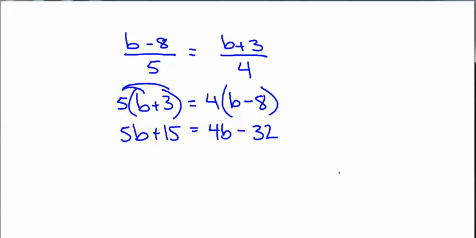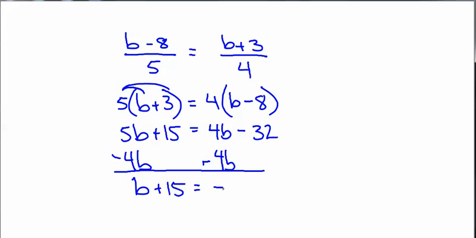And now you've got an equation with variables on both sides. Subtract 4b from each side. So b plus 15 equals negative 32.